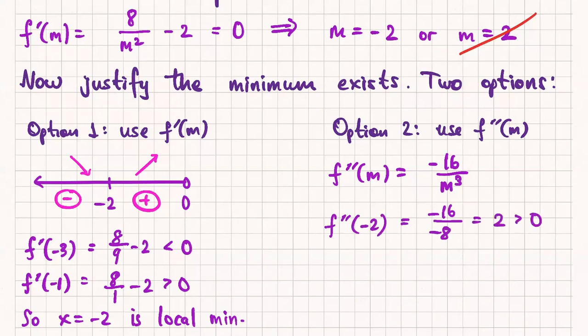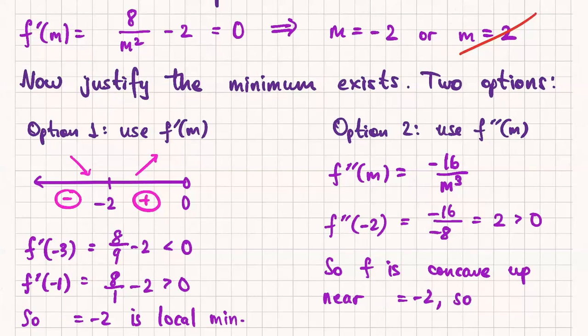Why is that good? Positive second derivative means what? Concave up, right? So whatever you found must have been a minimum, right? Concave up looks like a U, and that gives you a minimum. So f is concave up near x equals -2. Sorry, it's not x.